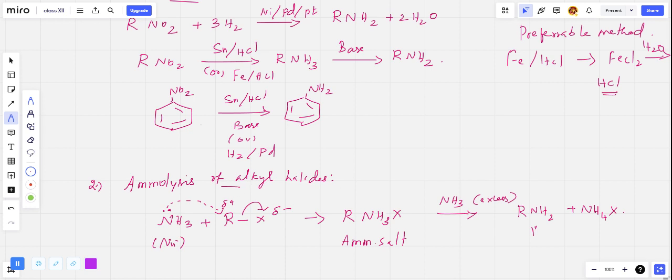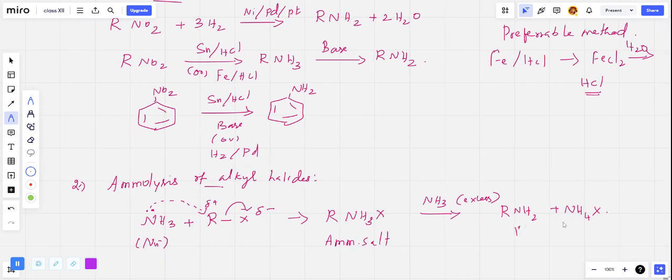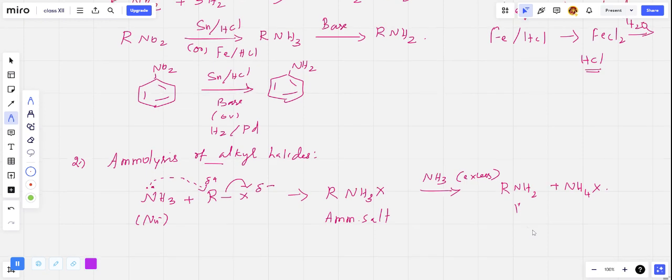Actually the reaction will not stop here. These primary amines are more basic than ammonia. We know that ammonia is basic, but the primary amines are still basic, so they further react with alkyl halide, giving a secondary amine and then a tertiary amine.